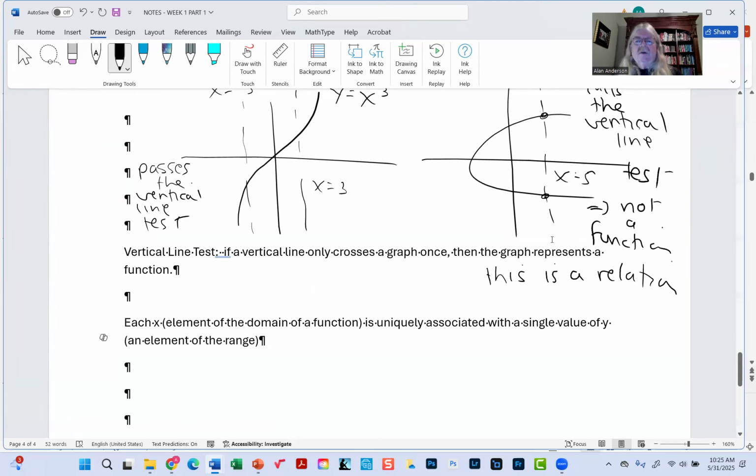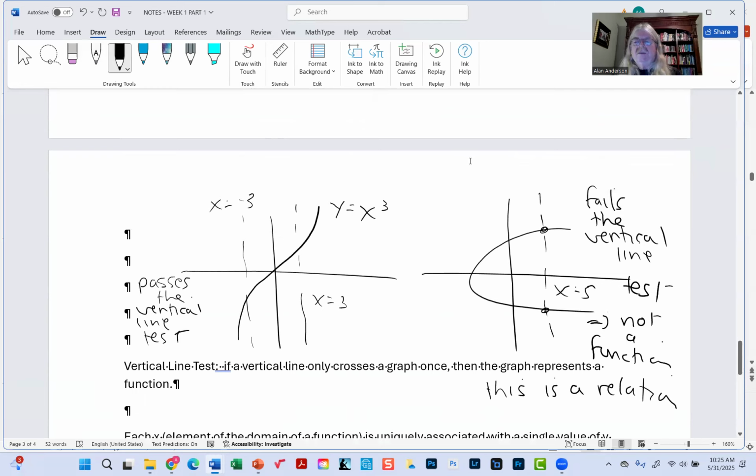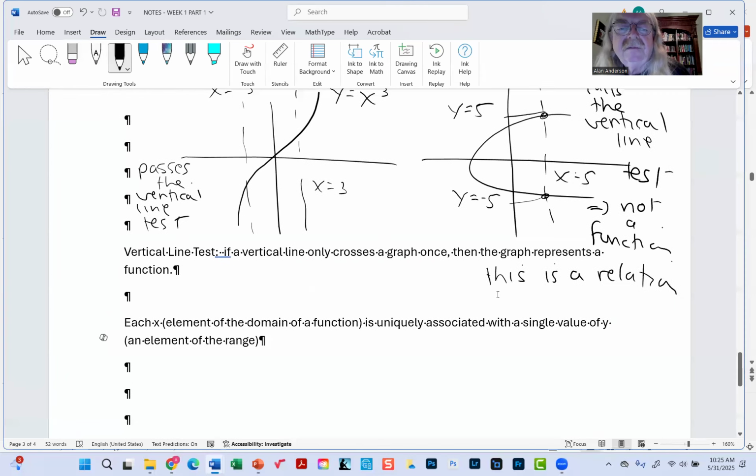Okay, so here, for example, we don't have that because x is associated with both. Let's say here y is -5 and here it's +5. So that means it can't be a function.